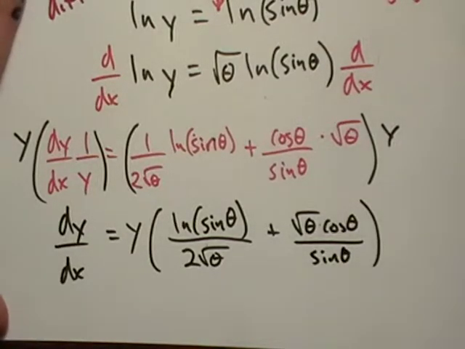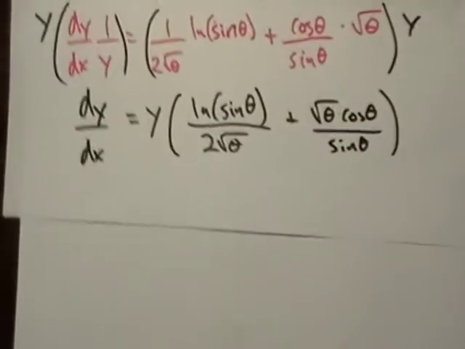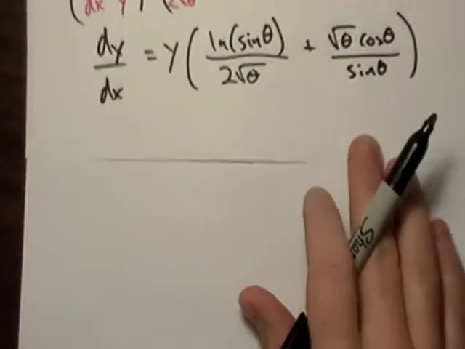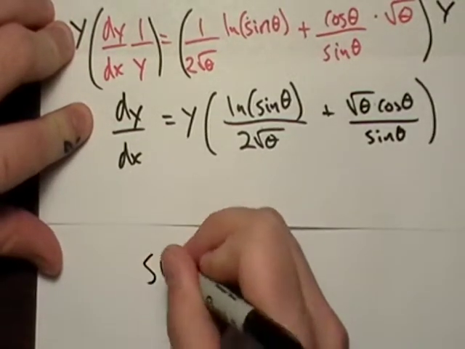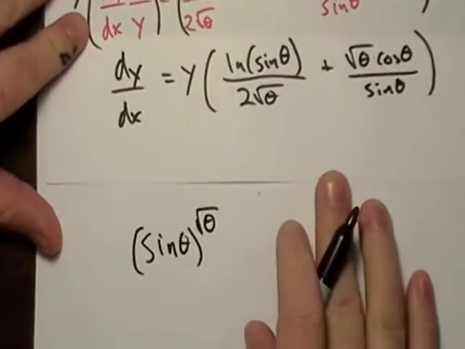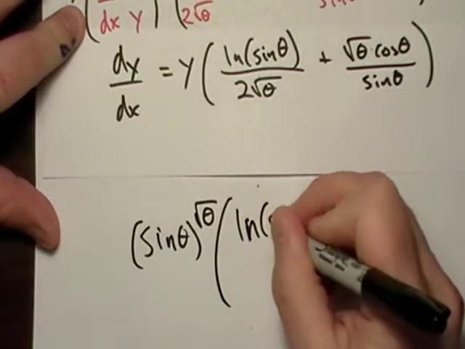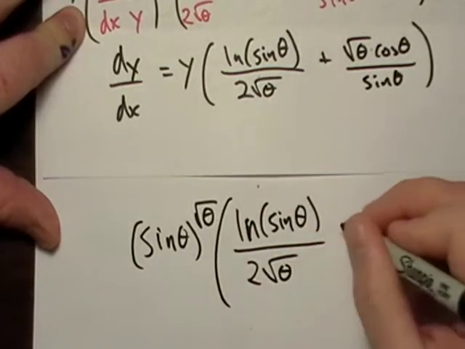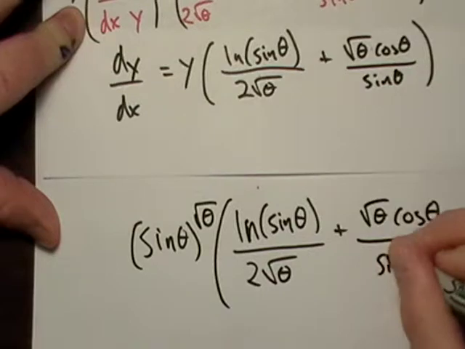Okay. And in the beginning, what was y even worth? y was equal to sine theta raised to the square root of theta. Okay, so let's see here. So if we got sine theta raised to the square root of theta, and we multiply that by natural log sine theta over 2 square root of theta plus square root of theta cosine theta over sine theta.